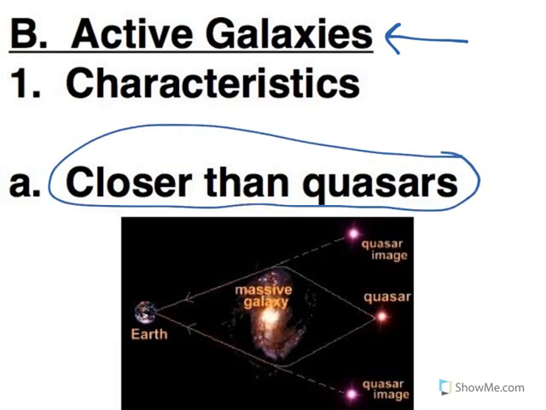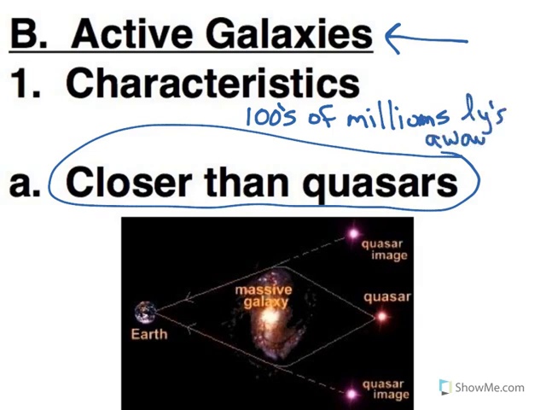So here we're looking at objects hundreds of millions of light years away. Where quasars, we measure their distances in billions of light years away. So about 10 times closer than a typical quasar.